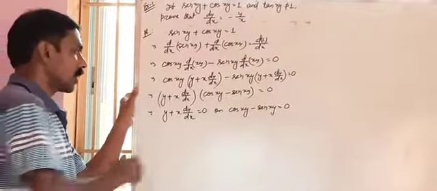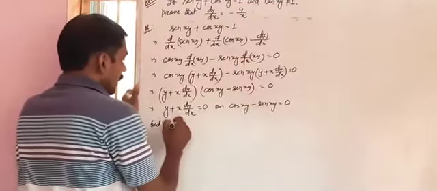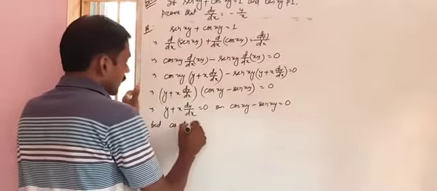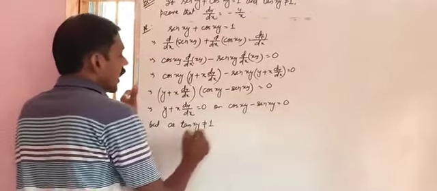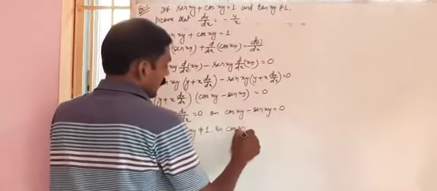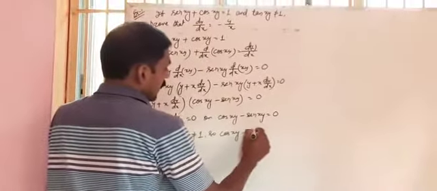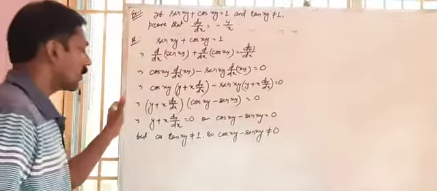Okay, but tan xy is not equal to 1, so this value cos xy minus sin xy cannot be equal to 0.